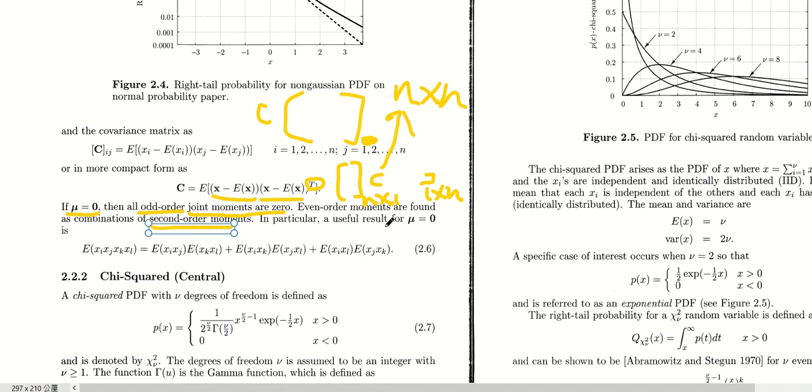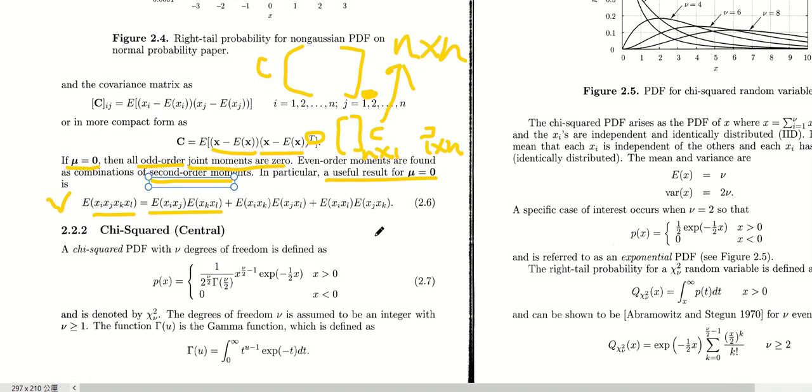A useful result for mu equal to 0 is that if you try to calculate the moment, it's a combination of second order moments. This is like a fourth order moment, and it's a combination of second order moments. So yeah, something like that.